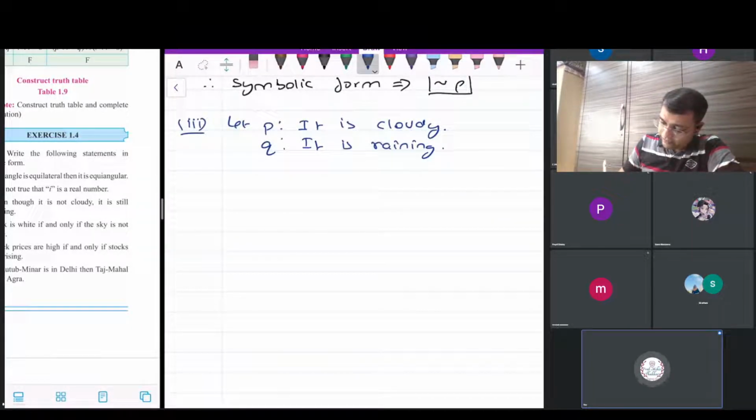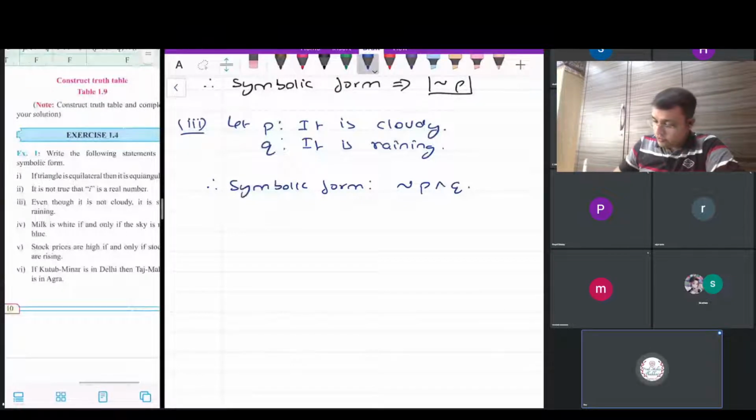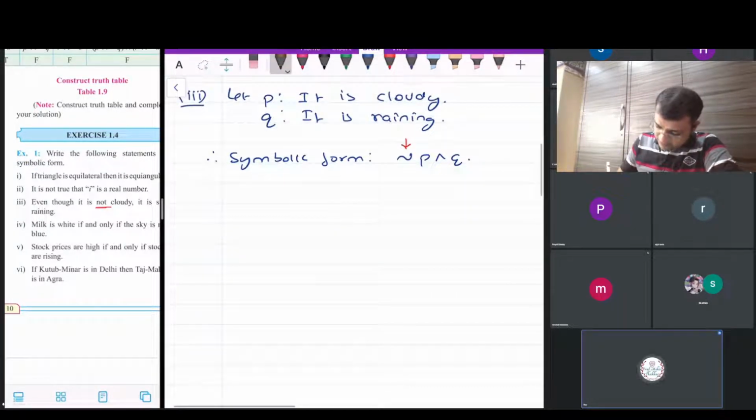So the symbolic form according to this, yeah, this "not" will be considered in negation. It is negation of P and Q. The "not" word that he has used in this, I am using a symbol for this, like this. Okay, it's simple.